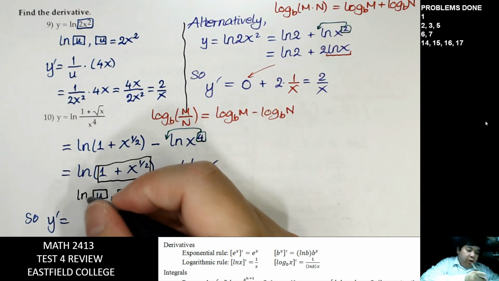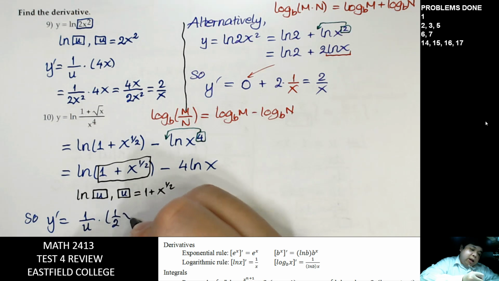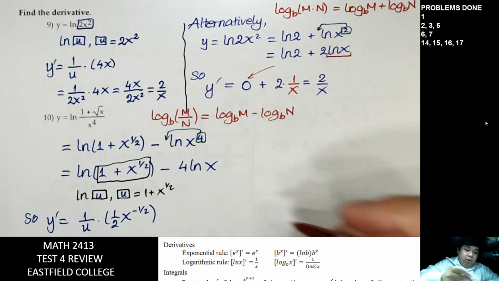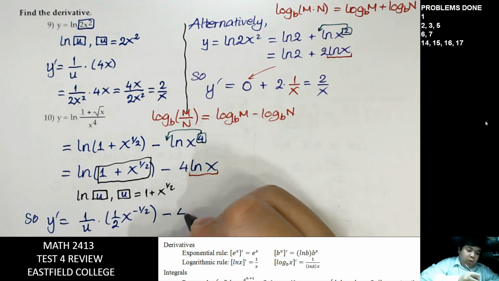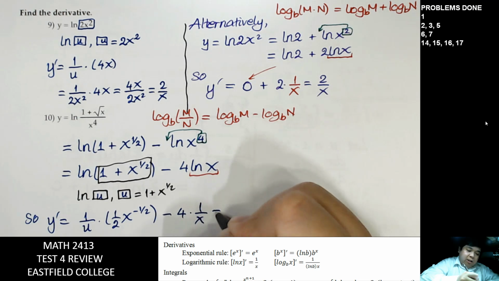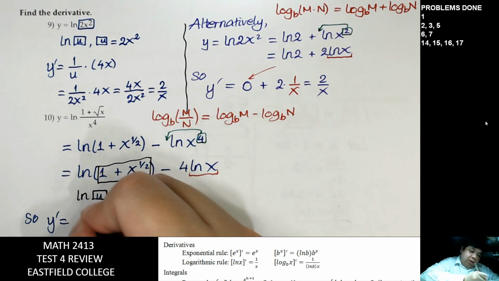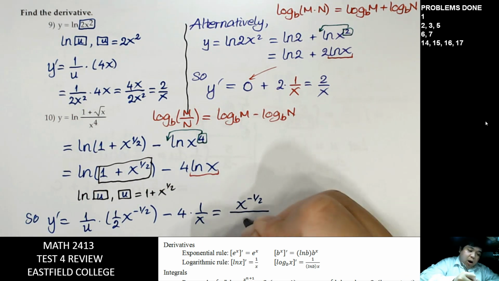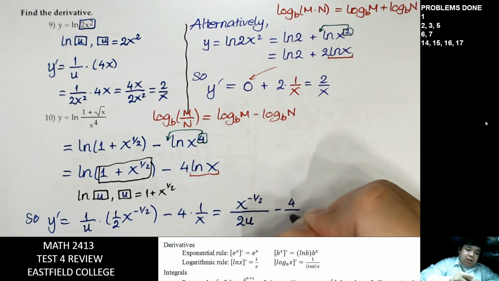So derivative of ln of u is 1 over u times the derivative of this, which is 1/2 x to the negative 1/2. And then derivative of ln of x is just 1 over x. So we have minus 4 times 1 over x. Now when we clear this out, we multiply everything on the top. We have x to the negative 1/2 on the top, the bottom 2u, and then minus 4 over x for that.